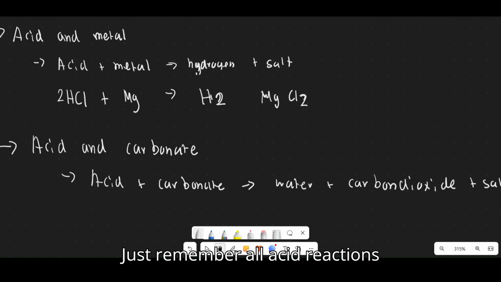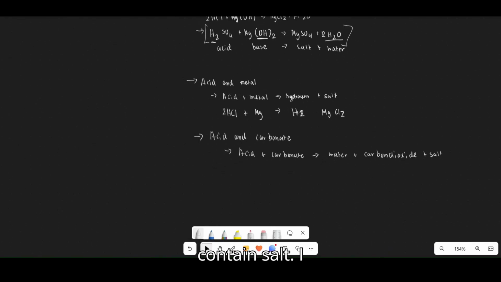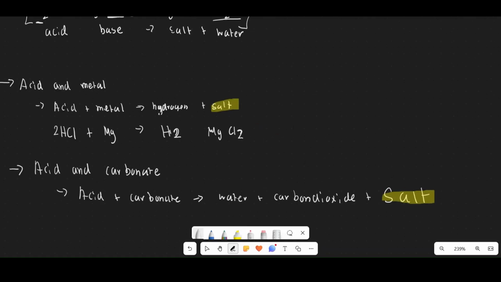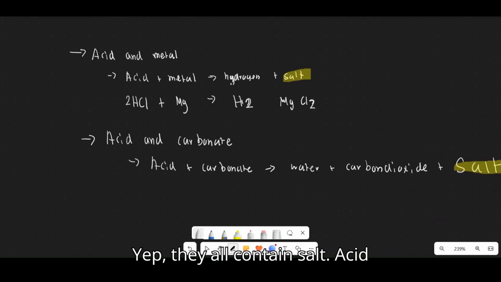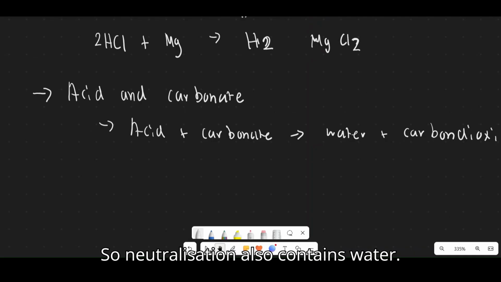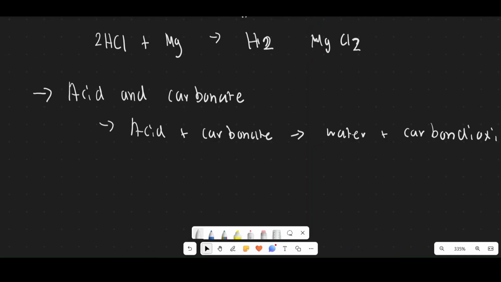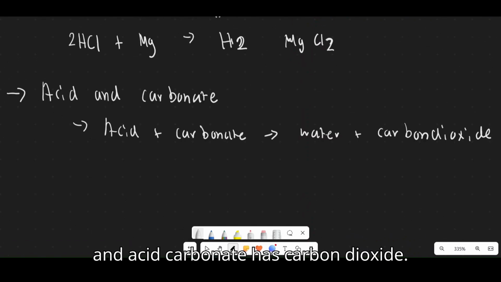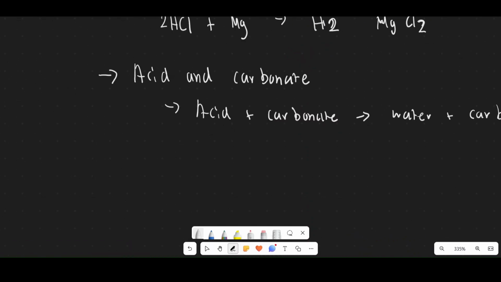Just remember all acid reactions contain salt. Yep, they all contain salt. Acid carbonate contains water. Neutralization also contains water. Acid metal just has hydrogen, and acid carbonate has carbon dioxide.